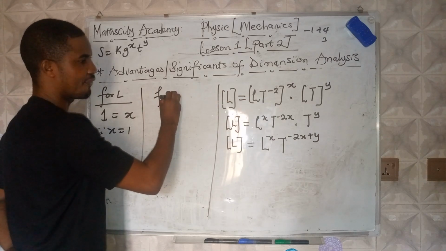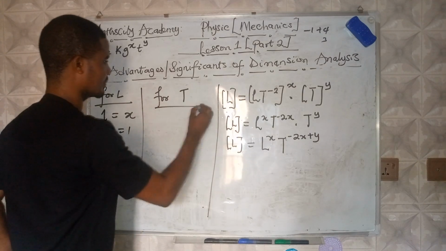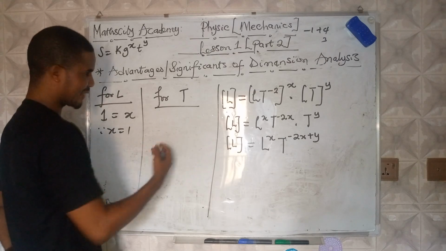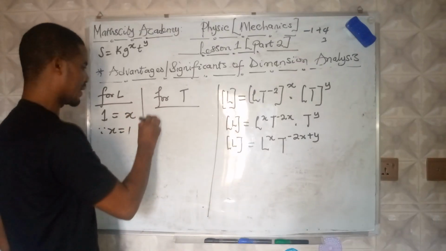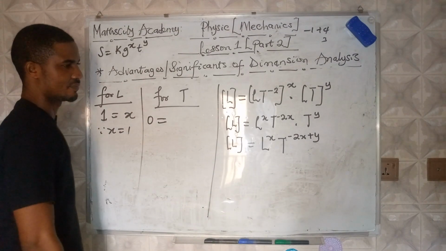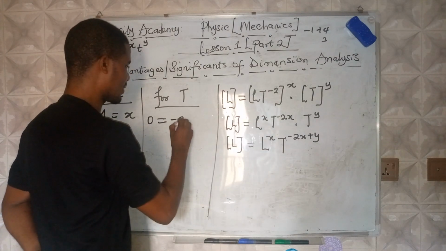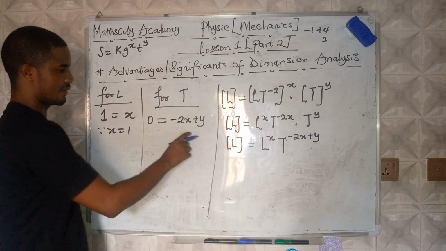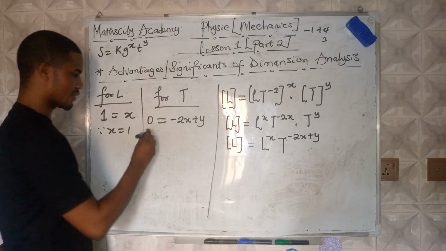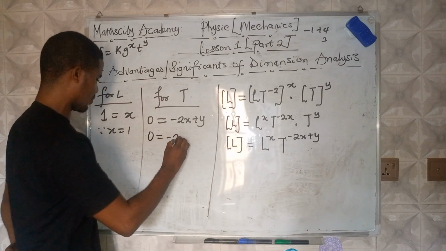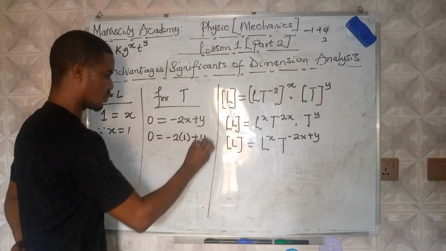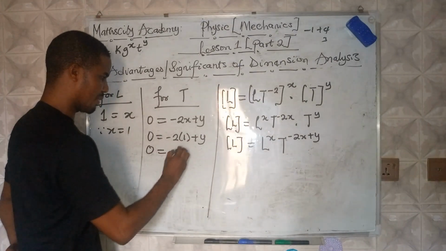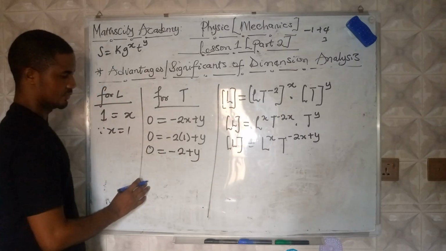Now, for t. T at the left hand side, there's no t here, hence the exponent is 0. Then t at this side is minus 2x plus y. Now, remember that I have the value of x already, so I have 0 equals to minus 2 into 1 plus y, which will give me 0 equals to minus 2 plus y.